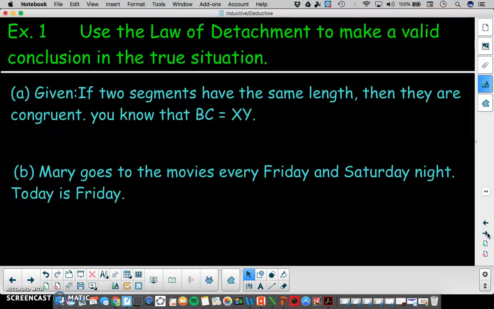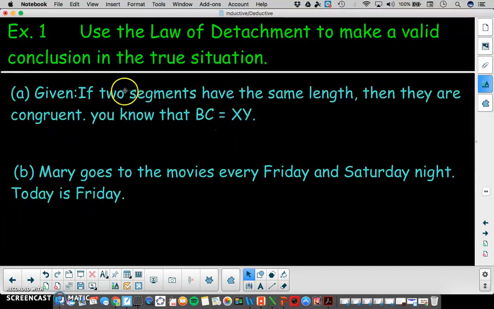Okay, here we're going to use the law of detachment to make a valid conclusion in the true situation. For A, given that two segments have the same length, they will be congruent. So we have the statement, if P, then Q. Then we also know that the measure of segment BC equals the measure of XY.